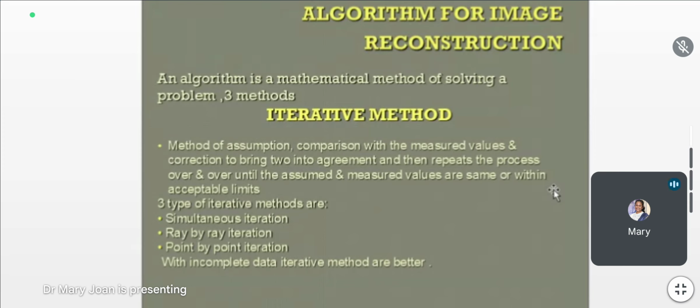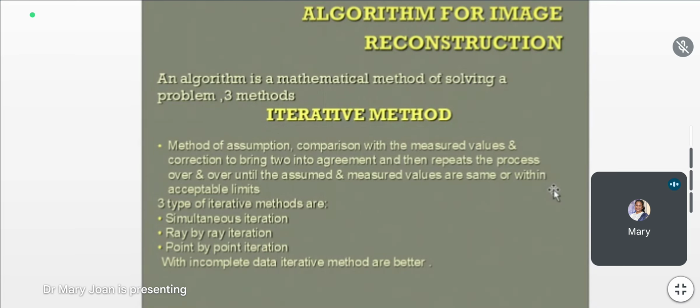An algorithm is a mathematical method of solving a problem. The iterative method is a method of assumption, comparison with the measured values, and correction to bring the two into agreement, and then repeating the process over and over until the assumed and measured values are the same or within acceptable limits.